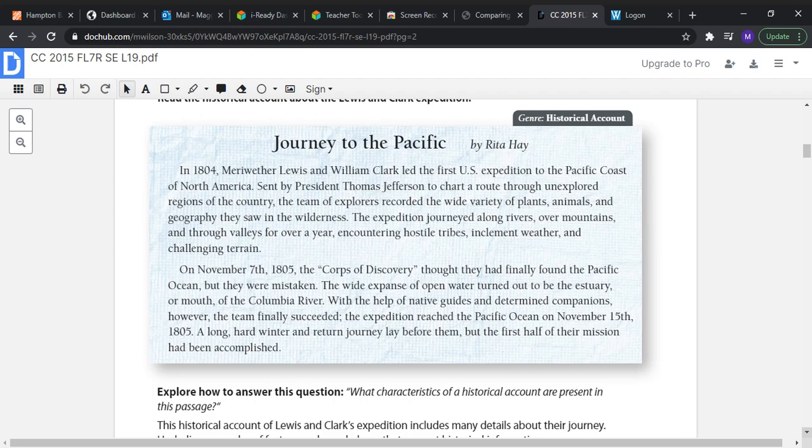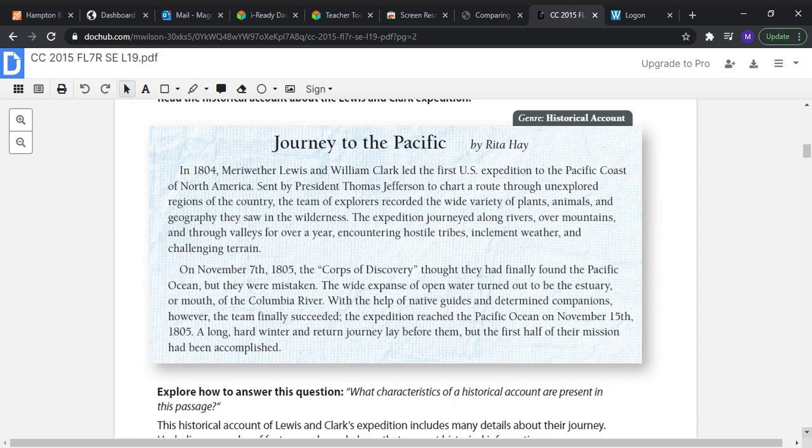The expedition journeyed along rivers, over mountains, and through valleys for over a year, encountering hostile tribes, inclement weather, and challenging terrain. On November 7th, 1805, the Corps of Discovery thought they had finally found the Pacific Ocean, but they were mistaken. The wide expanse of open water turned out to be the estuary, or mouth, of the Columbia River.